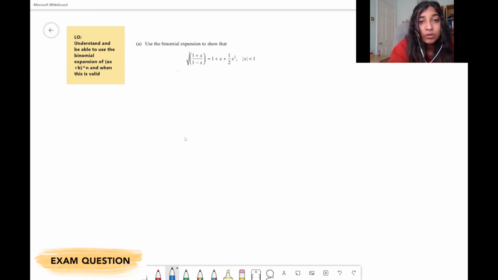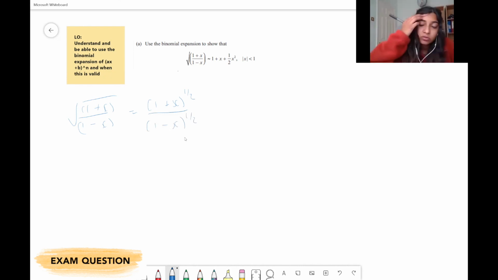So the first thing we want to do is just write it out using a power. So we'd have the square root of 1 plus x over 1 minus x. That's just equal to 1 plus x to the power of half over 1 minus x to the power of half. So remember, the square root is always something to the half, and then we can split it up.